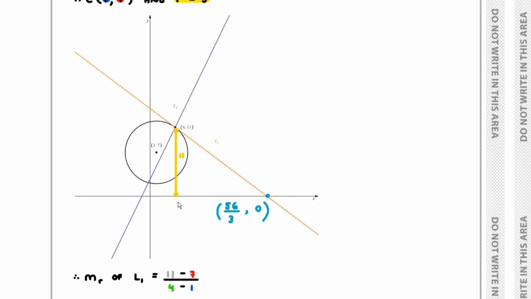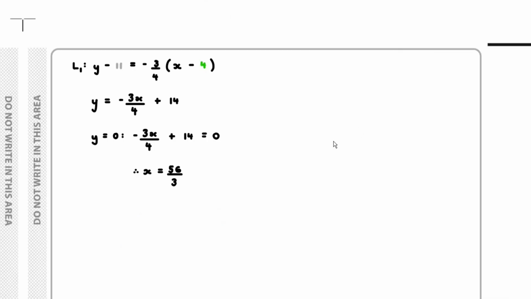I've got the height of the triangle, which is 11 units, and now I can use the fact that the area of the triangle is 110, the height, and this point to find out what the other point is. If this point has an x-coordinate of x_L2, then the area of the triangle is given by a half times 11 times (56/3 subtract x_L2), and this is equal to 110.